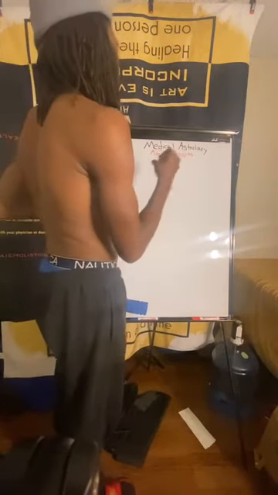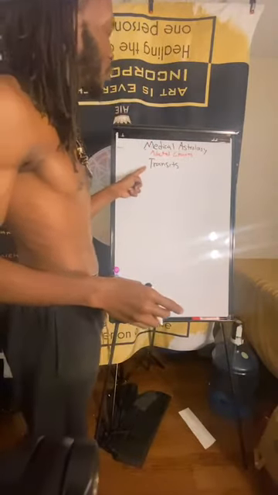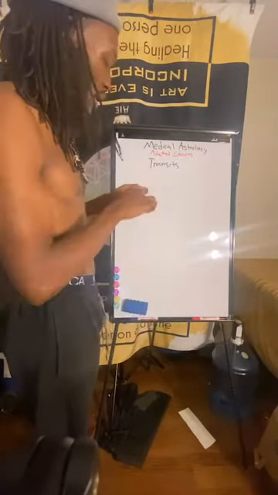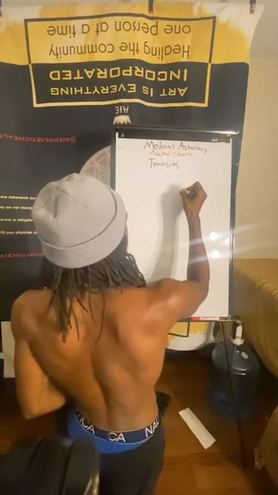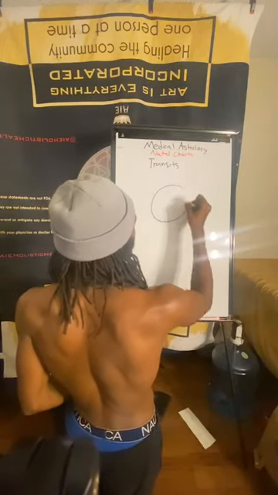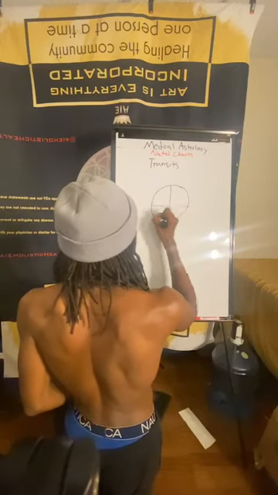So now we're at transits. Okay, this is where it becomes a little more complicated, right? If it wasn't complicated enough. So transits, how do I do this? This is your natal chart.